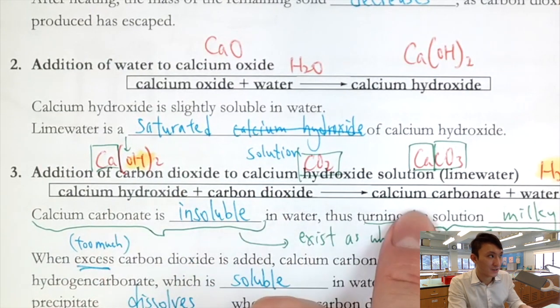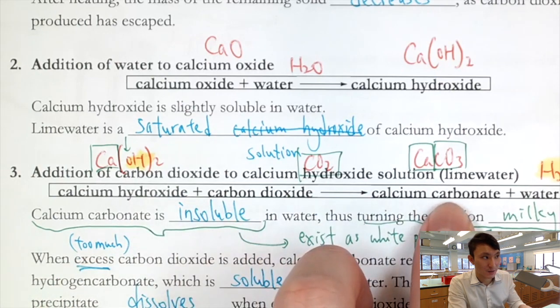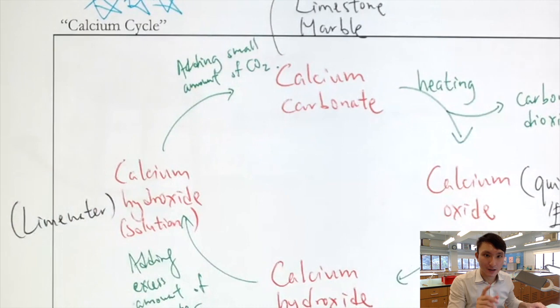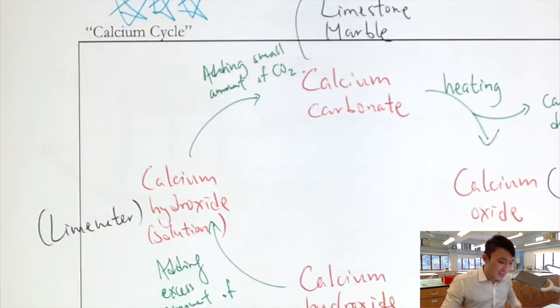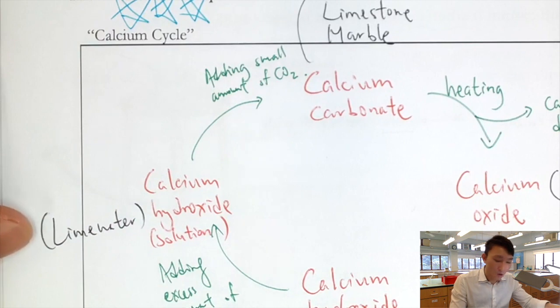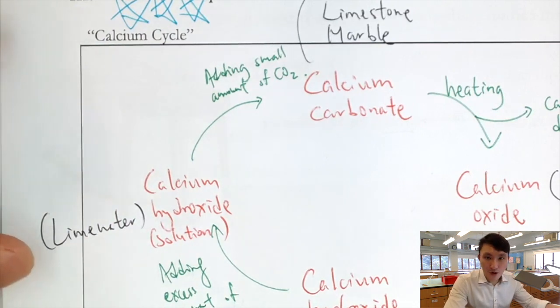This is the reaction to convert calcium hydroxide into calcium carbonate. Now you see, I add a small amount. What if I add more?